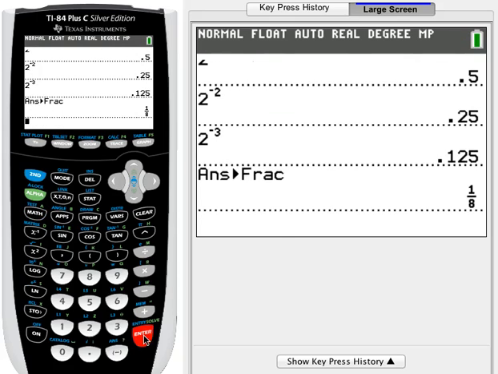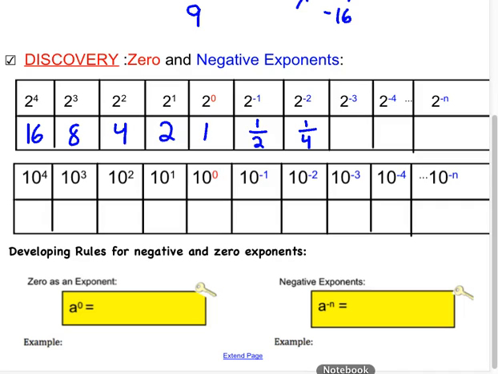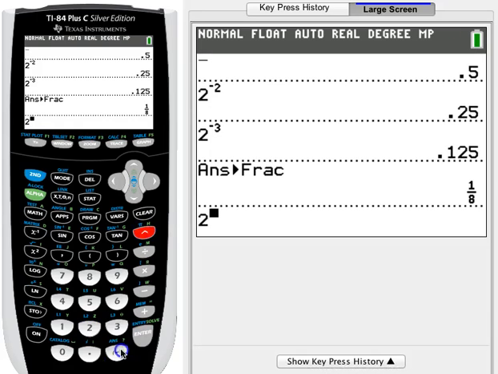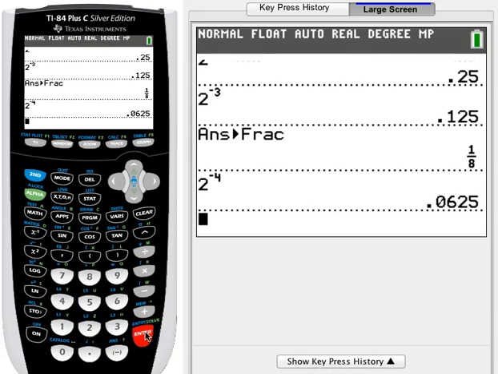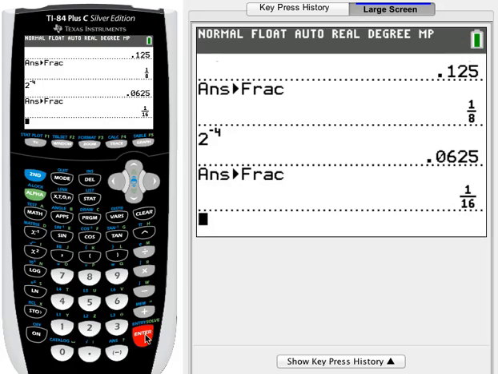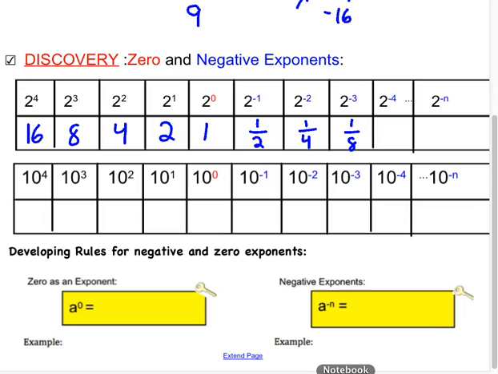That's going to be 1/8. 2 to the negative 4 is going to give you that. And again, you probably don't know that off the top of your head. So you can math frac that and get 1/16.